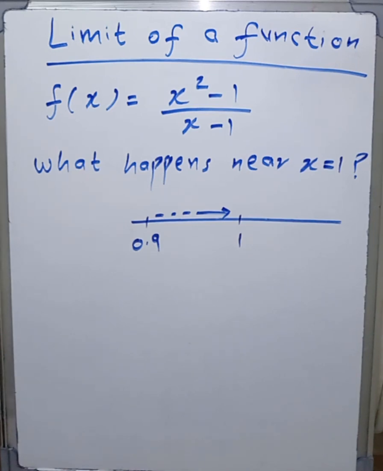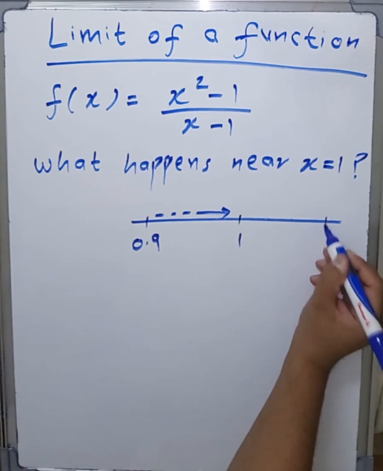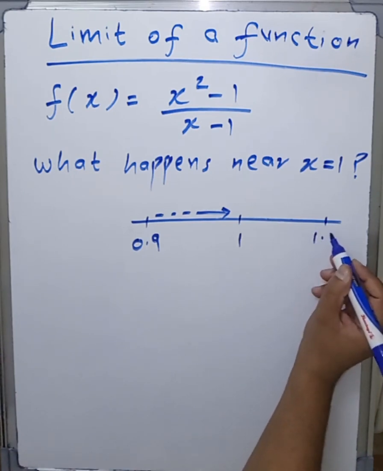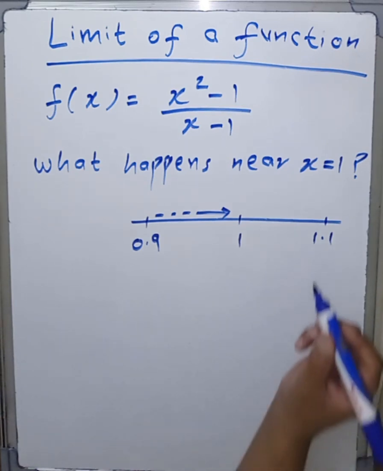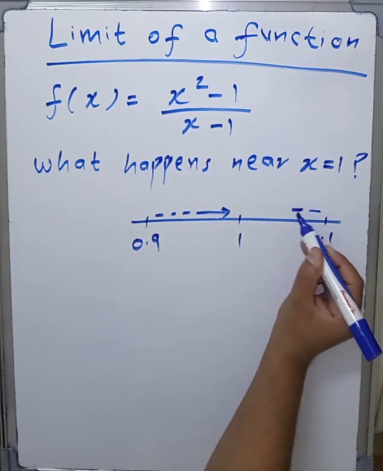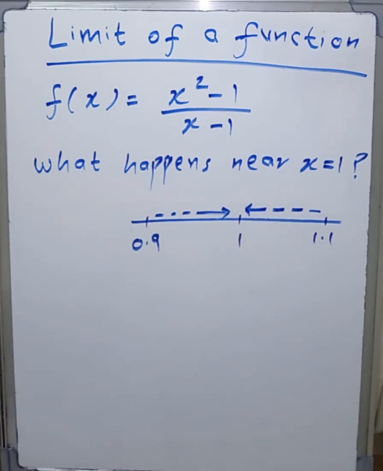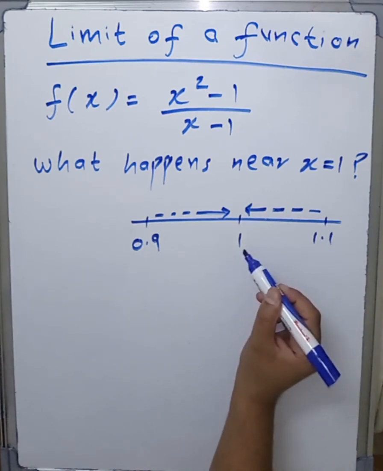Now we will consider points near 1. Suppose we consider 1.1, and from 1.1 slowly we will move towards 1. If you observe, now we are moving towards 1 from the right side.